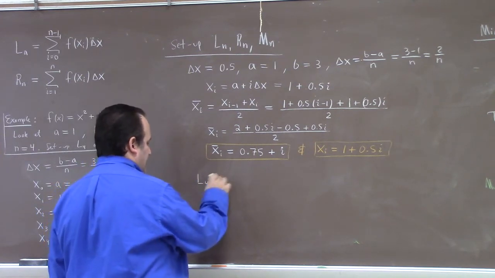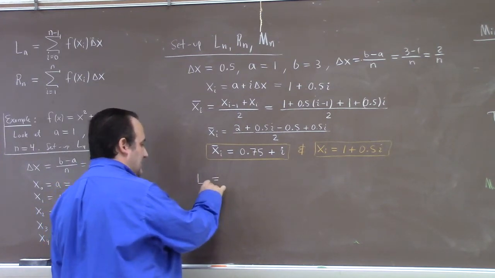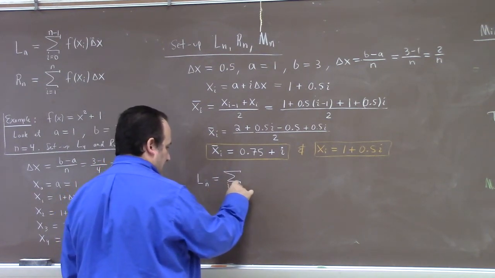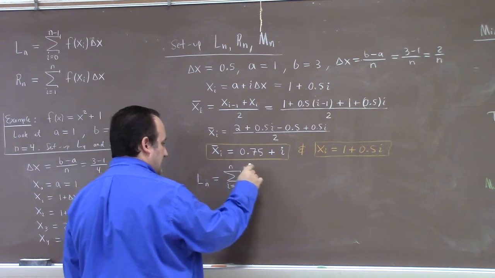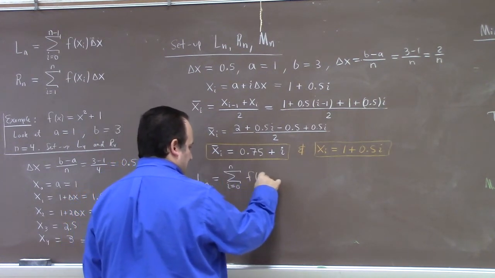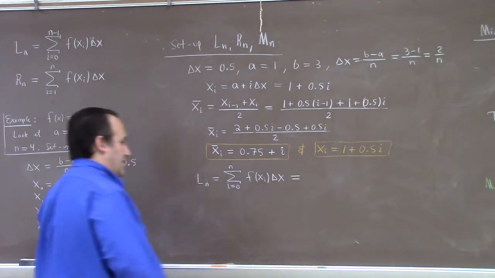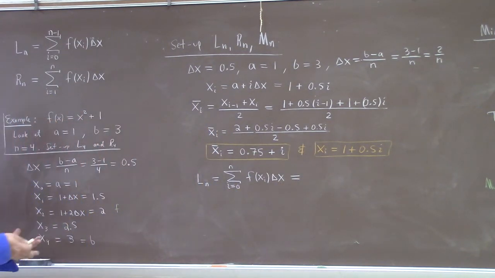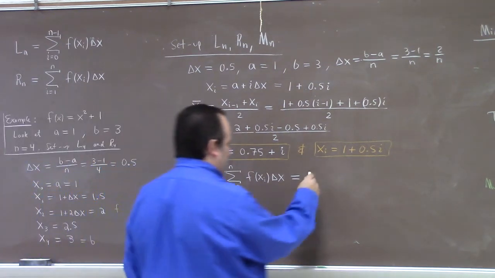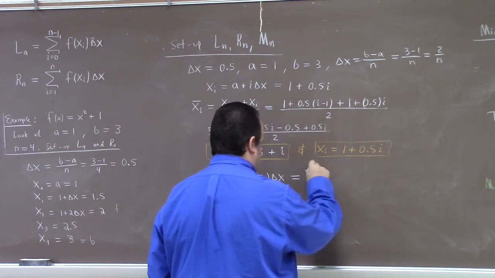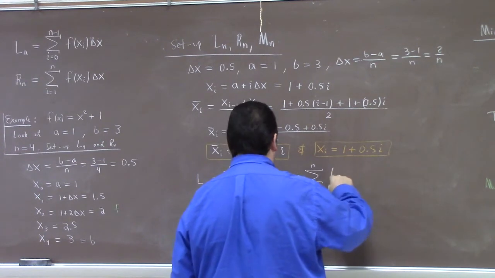Listen to me, Ln is the sum, i equals 0 to n, of f of x sub i delta x. And I just need to put in f of x, which was given to us to be x squared plus 1. So I calculate the sum, i equals 0 to n, of x sub i squared plus 1.